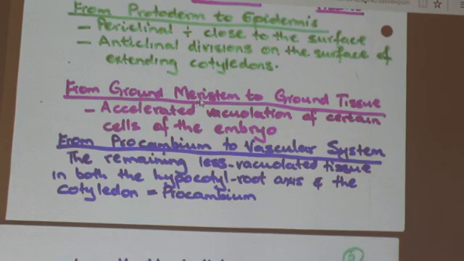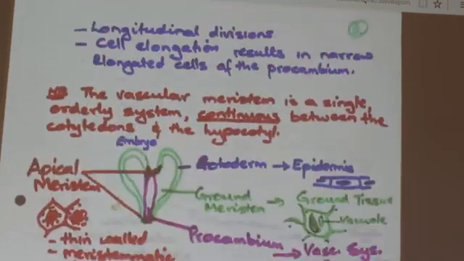That gives you an idea what the cell should be doing. And when you describe a cell, I've already told you that vacuolation tells you exactly how far away from the meristem the cell is. Closer to the meristem, the cell will be less vacuolated, and further away from the meristem, the cell will be more vacuolated.